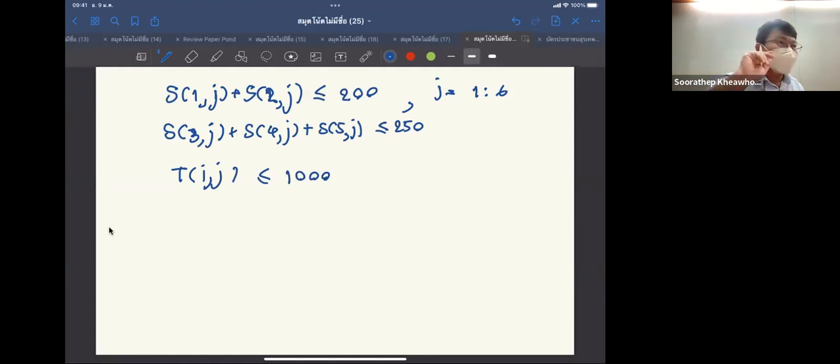What else? The next one is mass balance at each month.